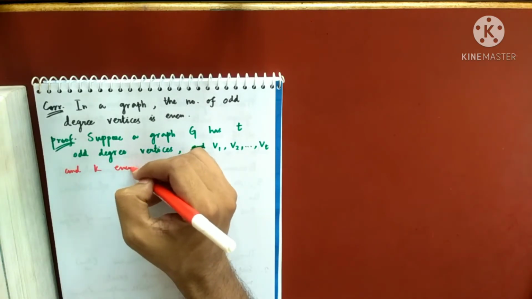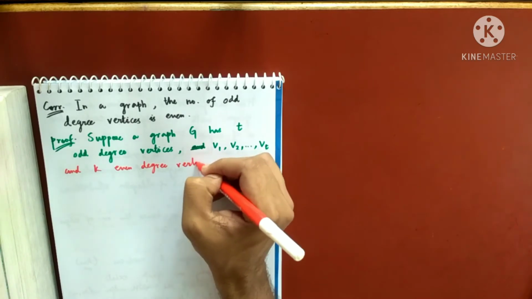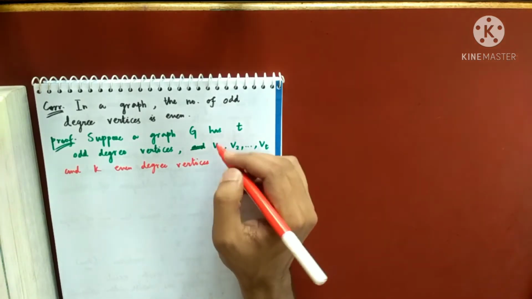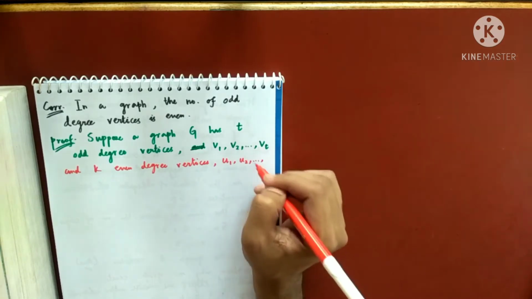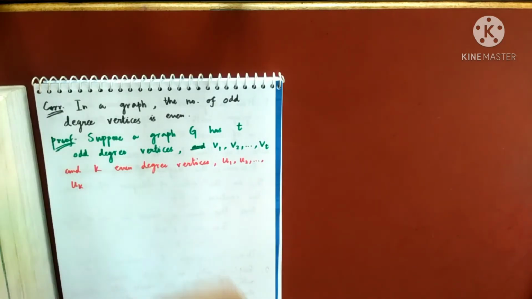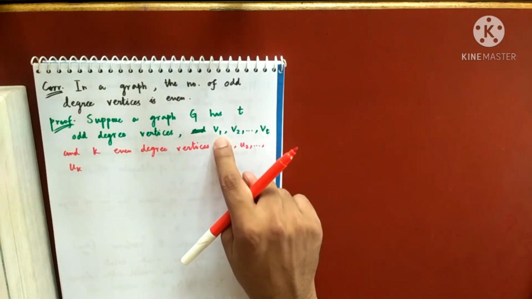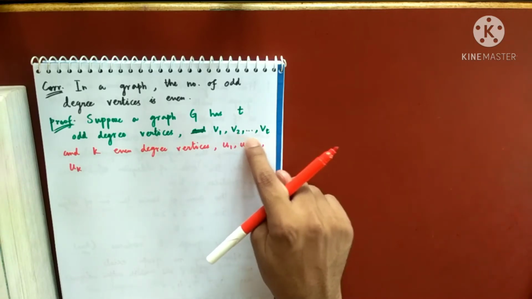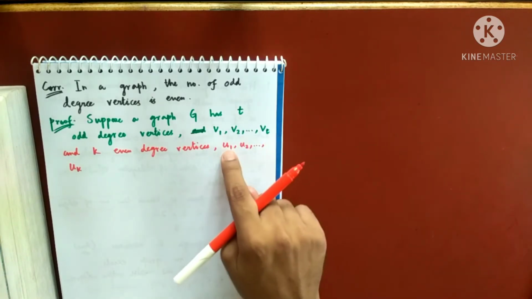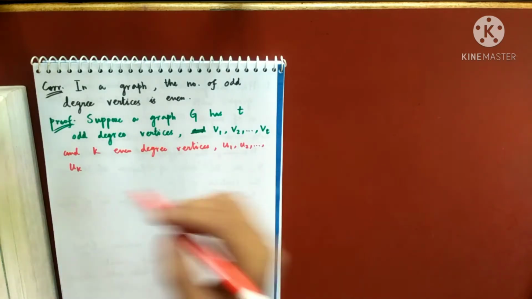And k even degree vertices, call them U1, U2, Uk. I have t odd degree vertices. The odd degree vertices are V1, that means degree of V1 is odd, degree of V2 is odd, degree of Vt is odd. And degree of U1 is even, degree of U2 is even, degree of Uk is even.